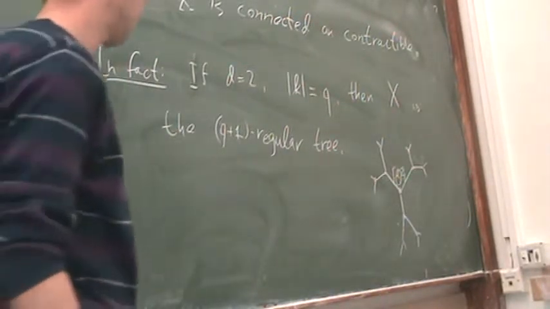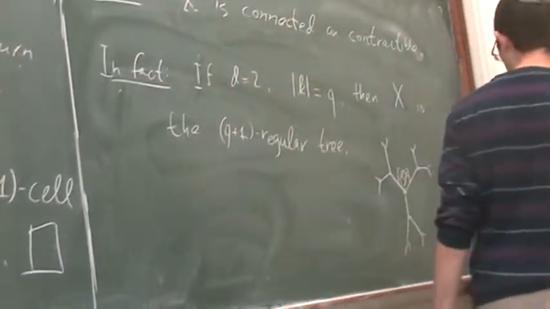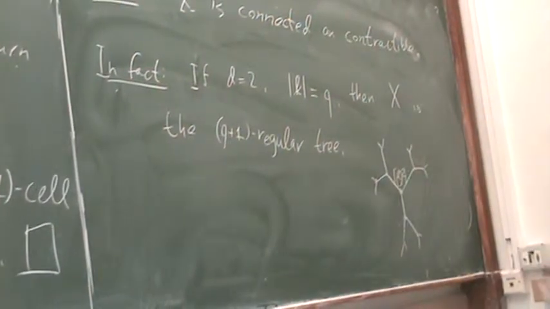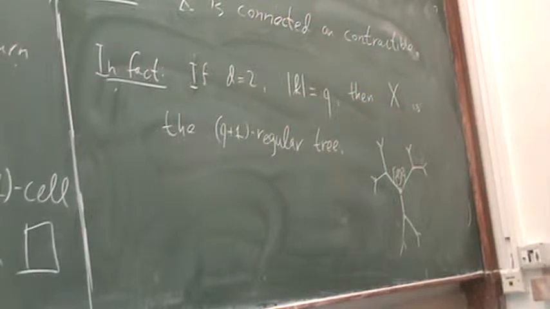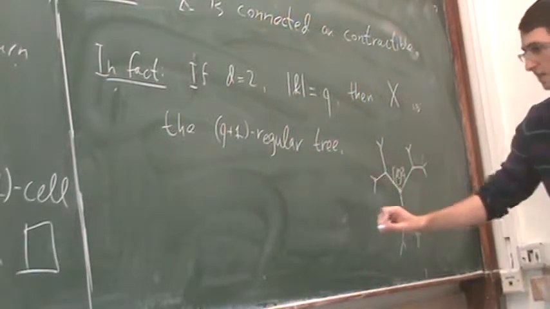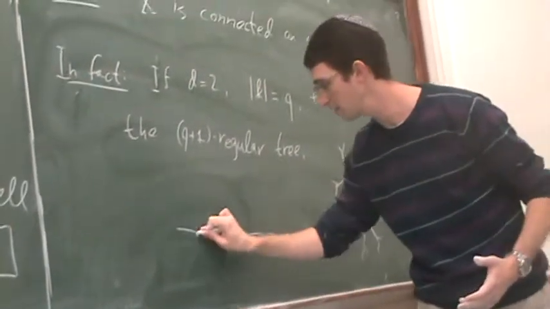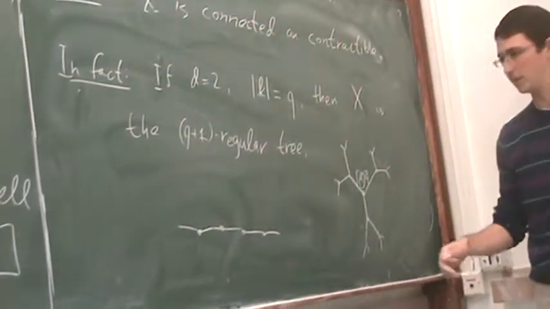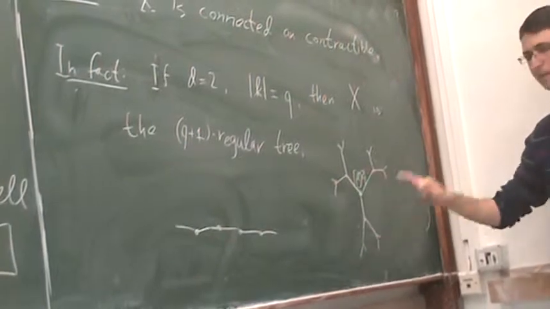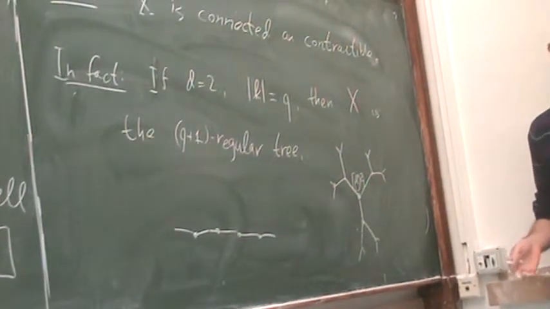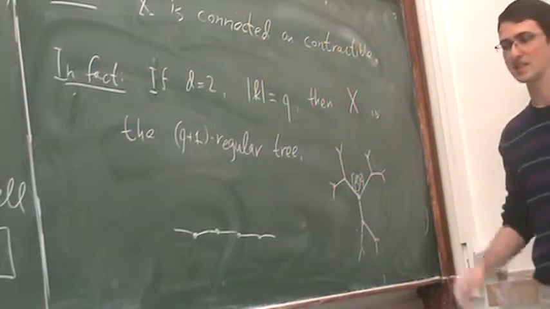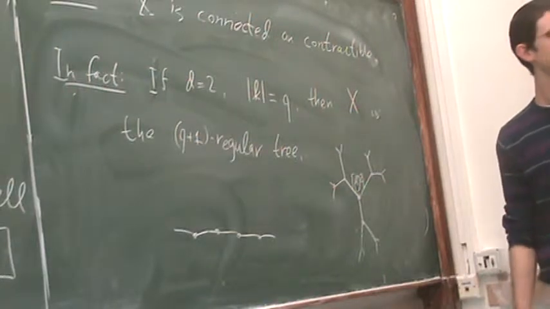Anyway, what I want you to think is that the building is kind of a generalization of the tree. Because the tree, well, what is the tree? We take a lot of lines. This is a line, and we glue them together, and we get the tree. So here I have lots of lines, right? These are the so-called apartments of the building.